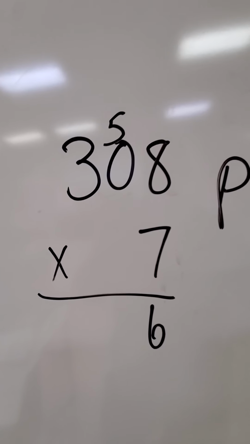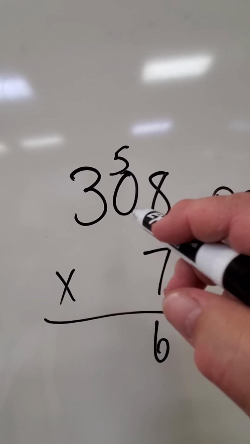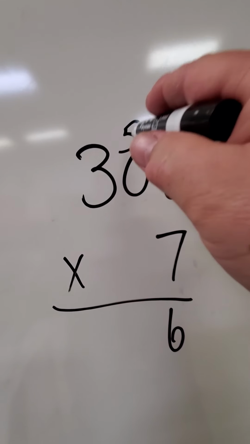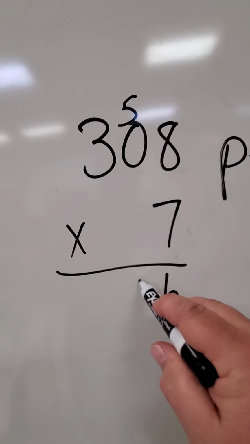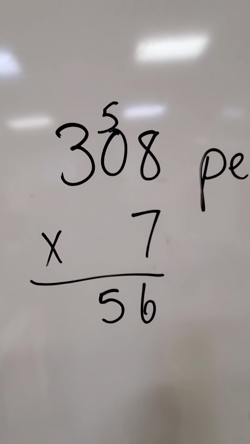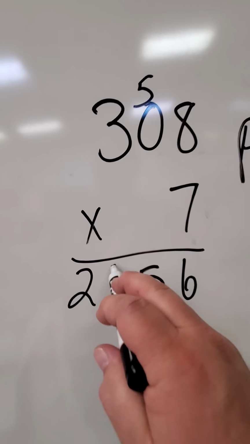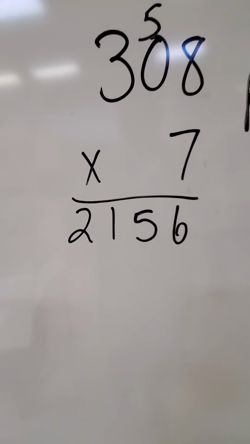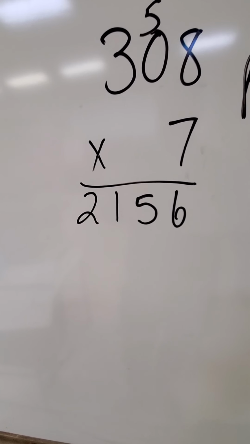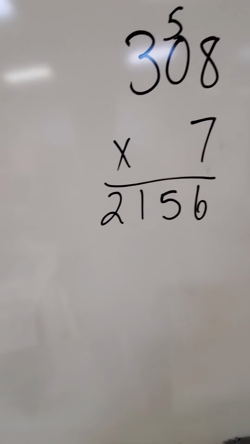So in this problem, 7 times 0 happens to be 0, but we don't put 0 down here because we still add the 5 to that. So we'll carry the 5, but then there's nothing that carries over. Then we take the last part, which is 7 times 3, which is 21. So when we're done, we have 2,156. That's an estimated number because we don't have the actual amount.